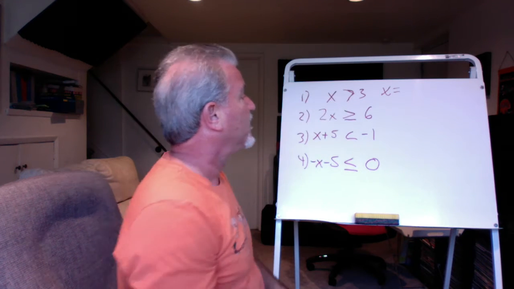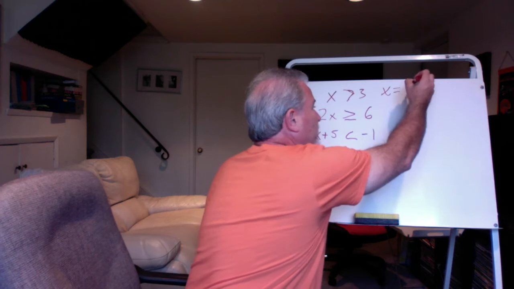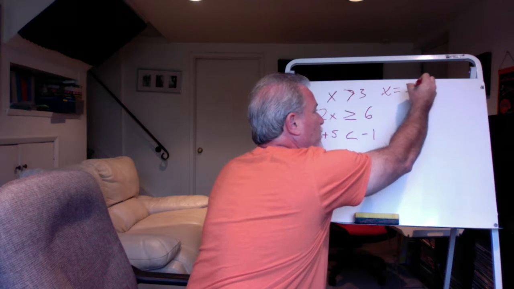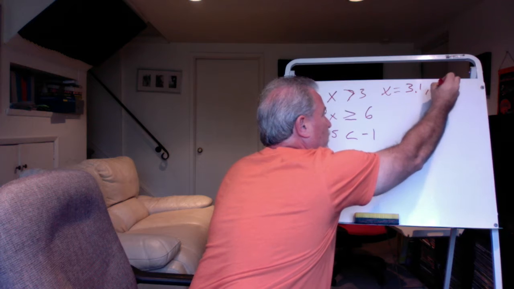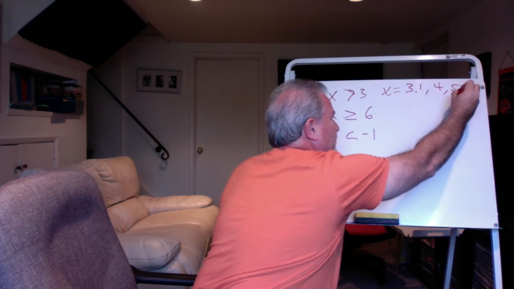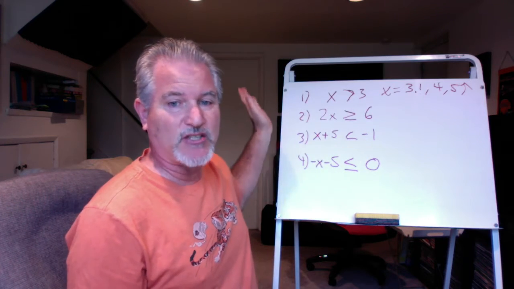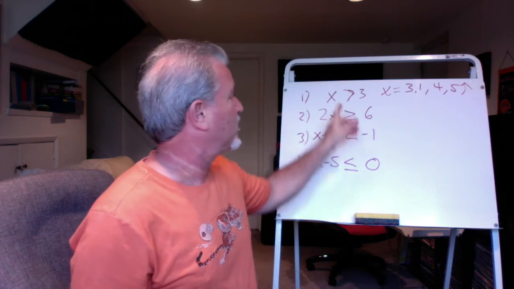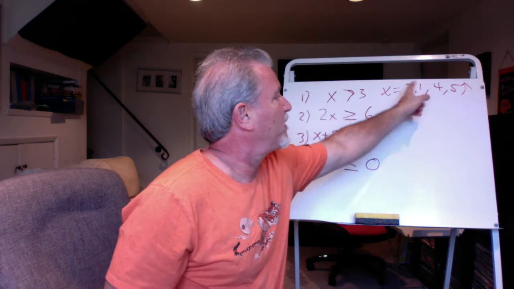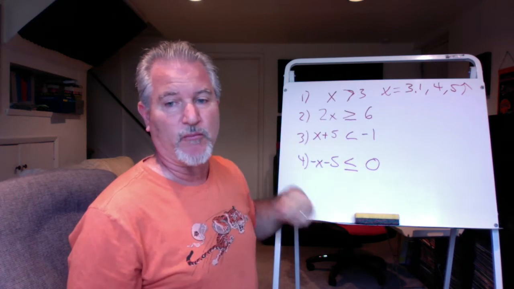So in this one, basically it's any number bigger than 3. So you could do 3.1, you could do 4, you could do 5, and up. All right, anything 3 or less would not make this true, okay? But anything greater than 3 would make this statement true.